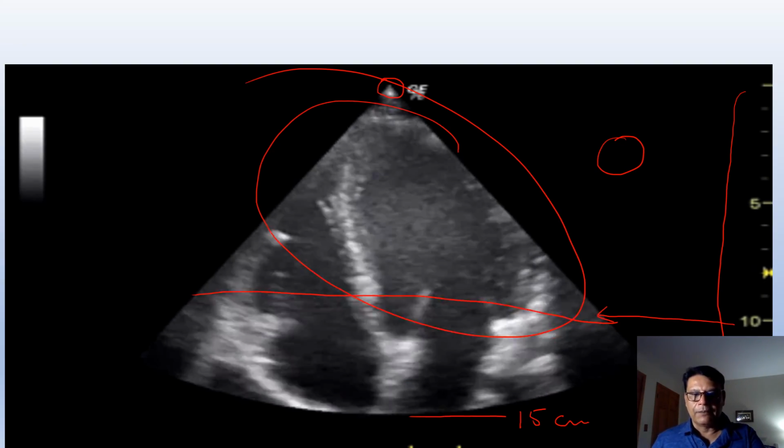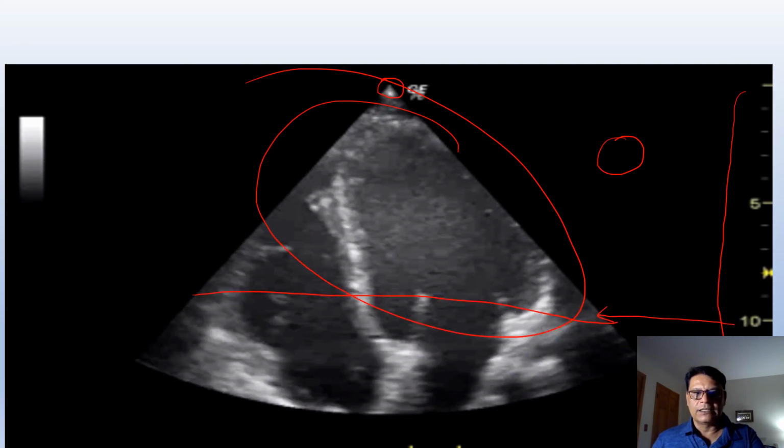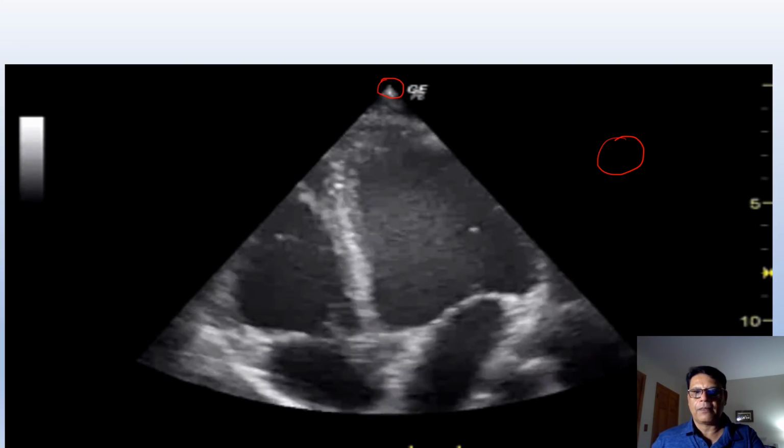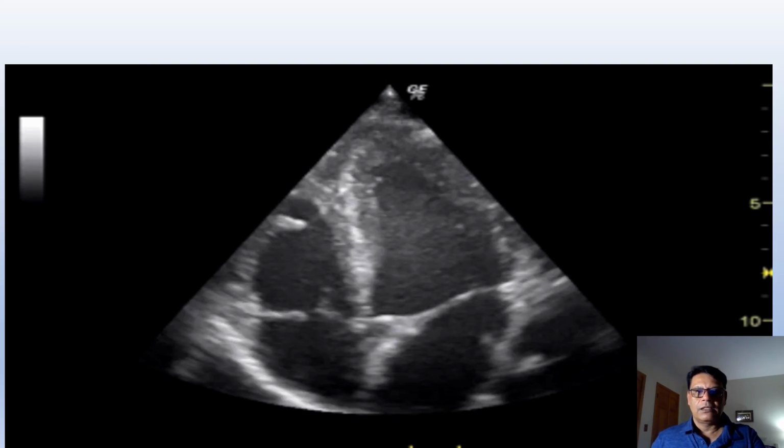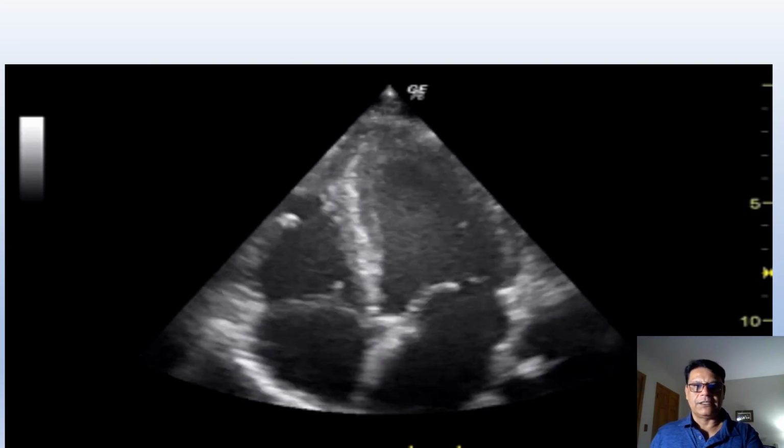So how does the scanning depth affect the pulse repetition period? Let's see.